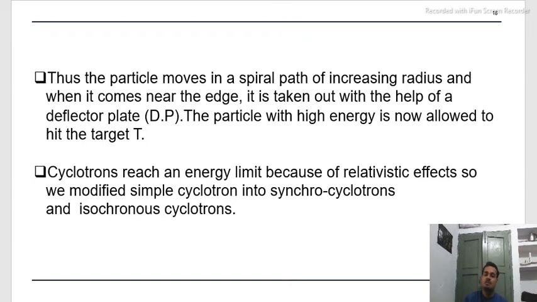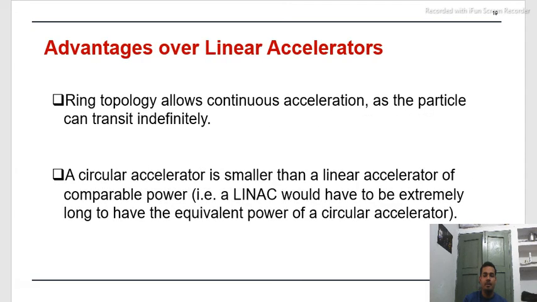Cyclotrons reach an energy limit because of relativistic effects. As we all know, when the speed of a particle approaches the speed of light, relativity comes into the picture. So you can say this is a limitation of the cyclotron. So we can modify them into synchrocyclotrons or isochronous cyclotrons.